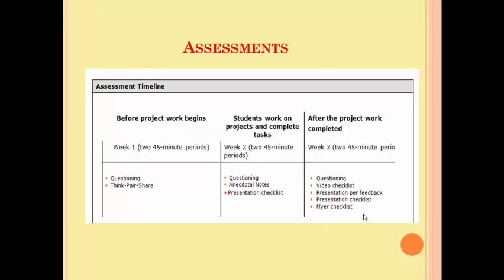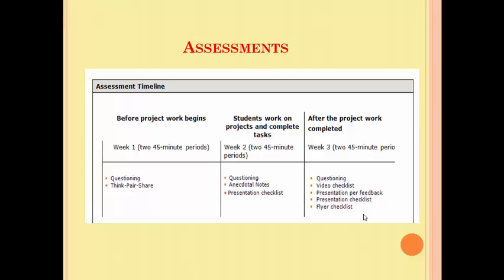Here is the assessment timeline. I use the questioning method, including formal and informal questions, to check the students' background knowledge and keep the students' attention. Think, pair, share is used at the beginning to make students more active in class and build their general knowledge.